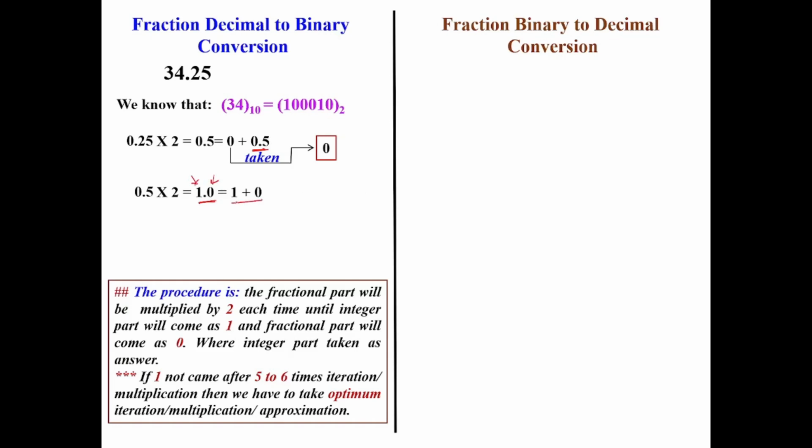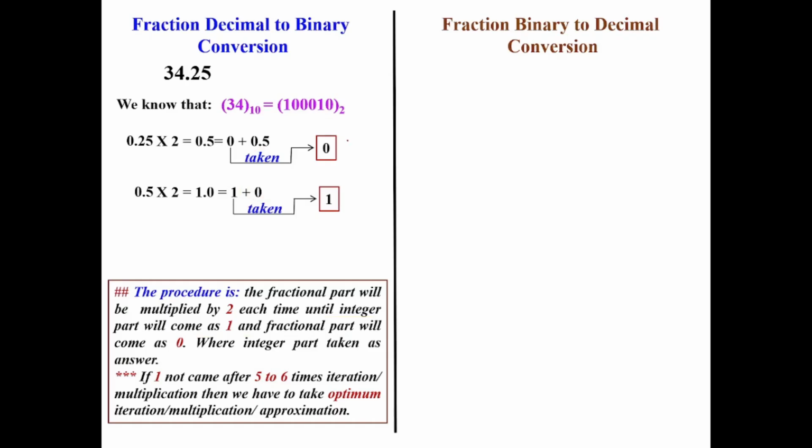The integer part is our answer, so we take it separately and write it over here. The procedure says until the integer part comes as 1 and the fractional part is 0, and here we got the same. That means we stop our iteration.